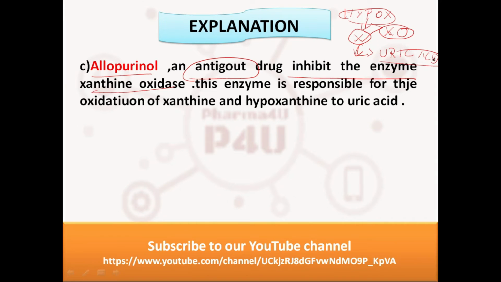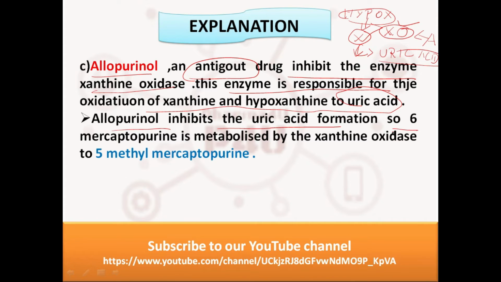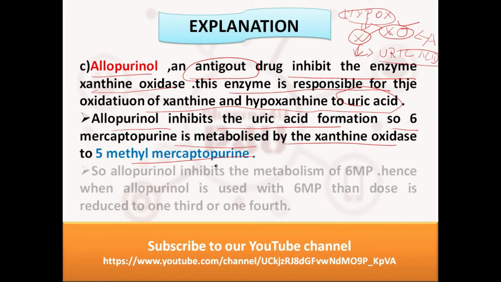So allopurinol inhibits this xanthine oxidase. This enzyme is responsible for the oxidation of xanthine and hypoxanthine to uric acid, as we already explained. And allopurinol inhibits uric acid formation. So 6-mercaptopurine is metabolized by xanthine oxidase, and xanthine oxidase converts it to 5-methyl mercaptopurine.